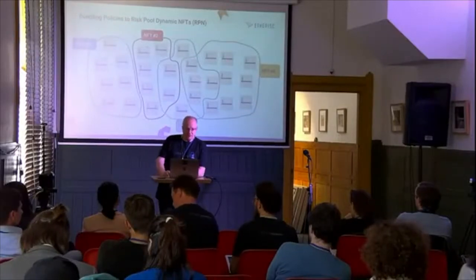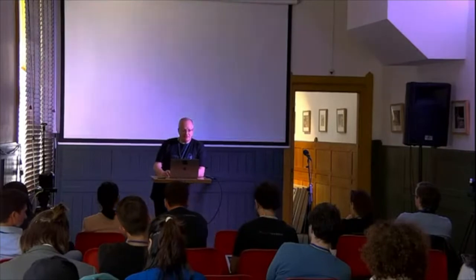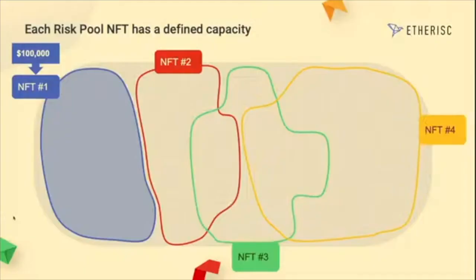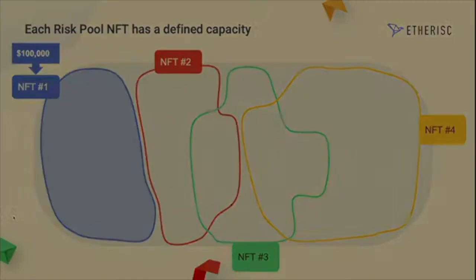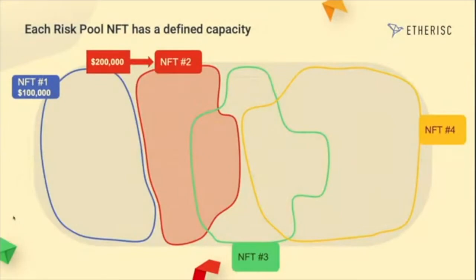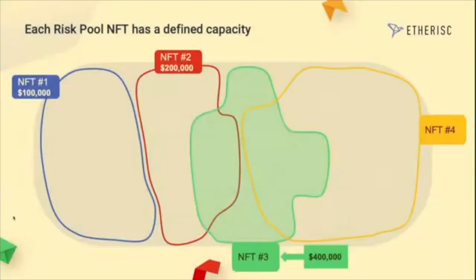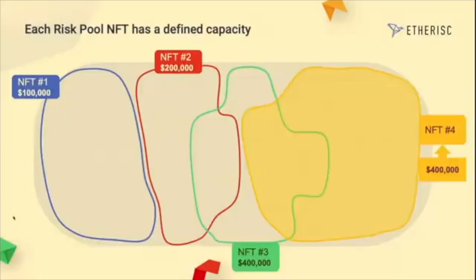Now, you bundle these NFTs, and now you can link each NFT with a certain capacity. A capacity is basically a specific amount of assets or collateral which covers the losses of these specific NFTs. In this case, for example, we have $100K for the first NFT, $200,000 for the second, $400,000 for the third, and $400,000 for the fourth.